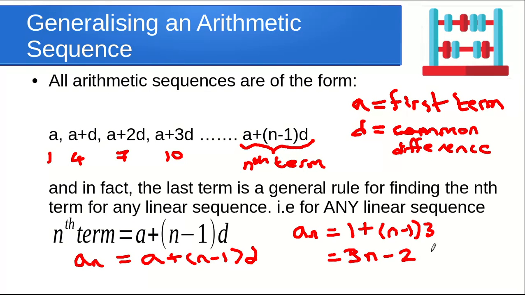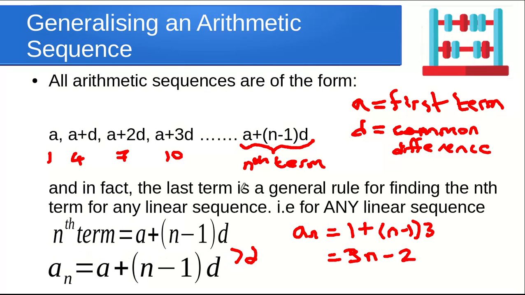So I do get exactly the same nth term formula which I suggested as before. So there we go, a little formula essentially for always finding the nth term for any linear sequence. Pretty handy, especially for some of the questions we'll be looking at later on.